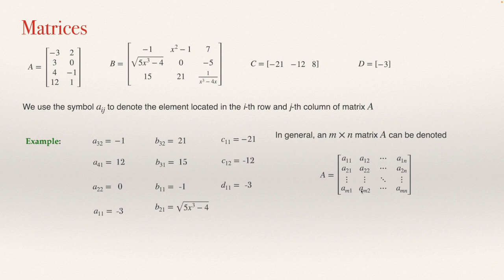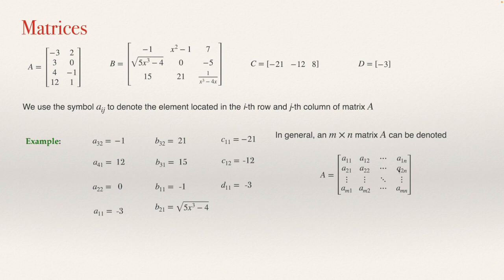So the second element in this last row will be A sub m2, and again, m depends on the number of rows. On the other side, the element in the last column of the first row will be A sub 1n, and this n is the number of columns. If the number of columns is 12, this will be A sub 1, 12.